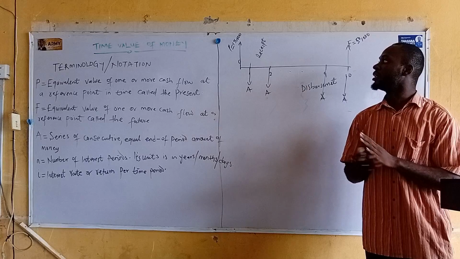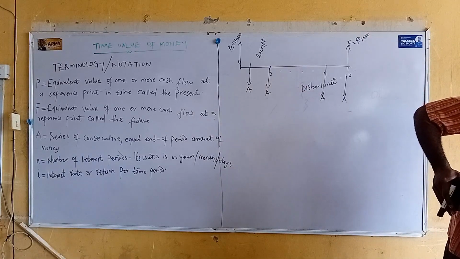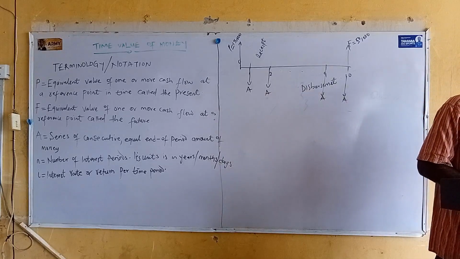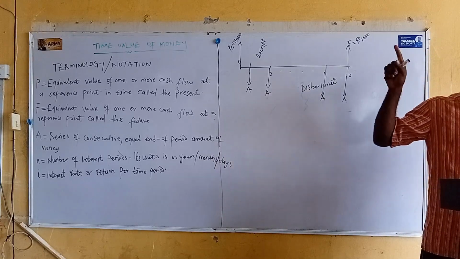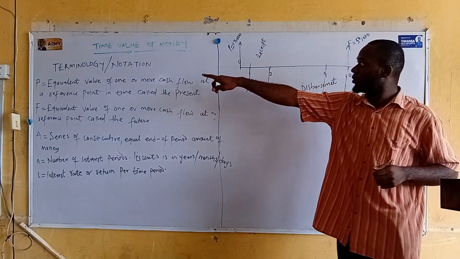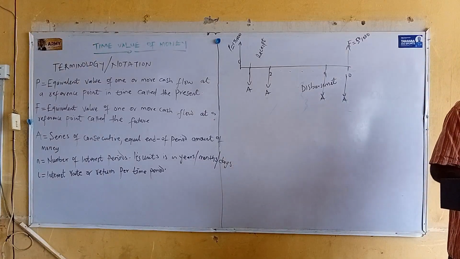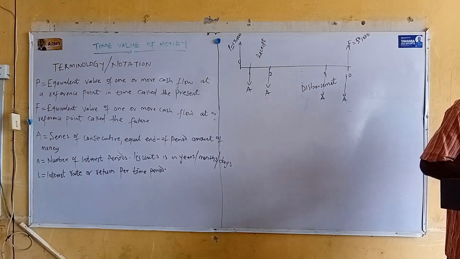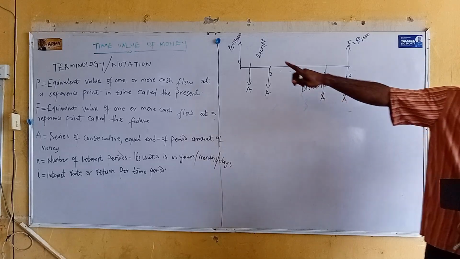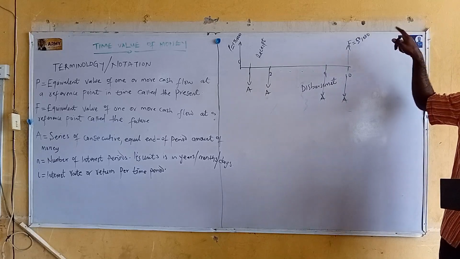For example, now you want to borrow 10,000 naira to pay school fees. You are in the present, so you use P to denote the present. They did not ask, this 10,000 I borrowed now, in 10 years' time, what is the value? So in 10 years' time, we denote it as F, the future value of that money.